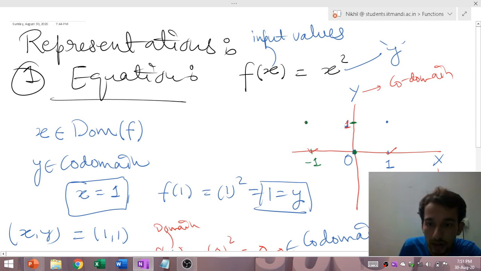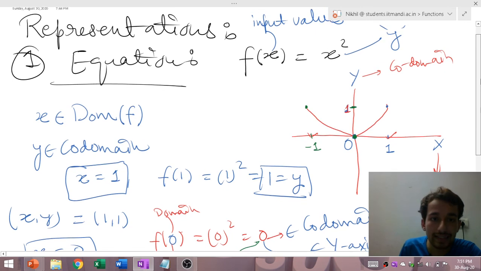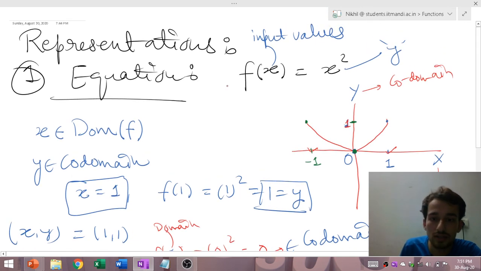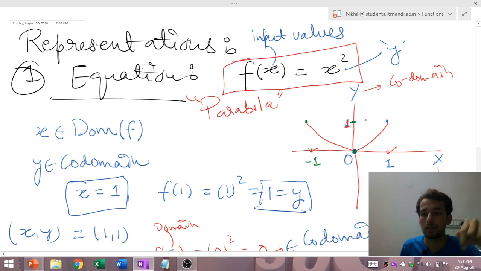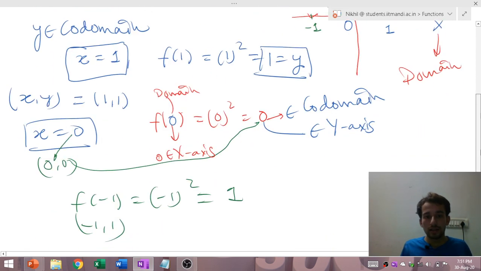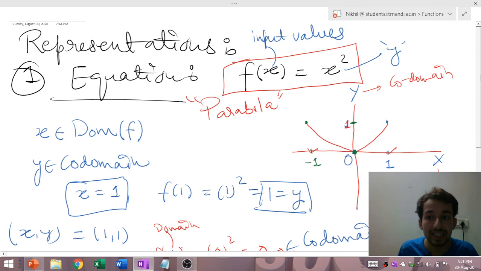If I now try to plot it, it is going to look something like this. So this kind of function which you are getting is a parabola. Fine. And this is the way of representing this equation. This is just one way of representing a function.